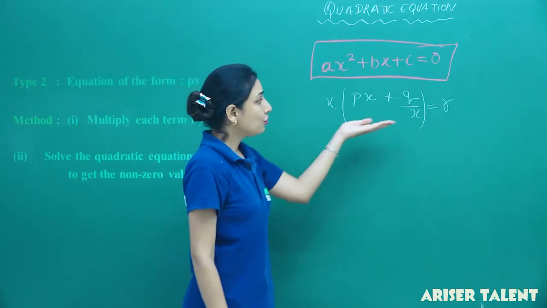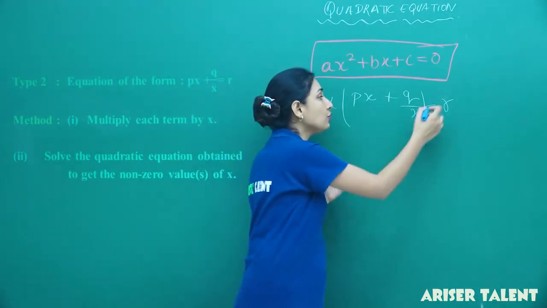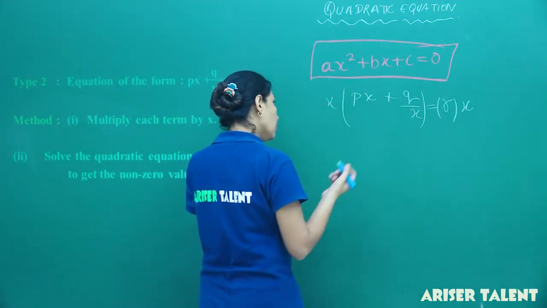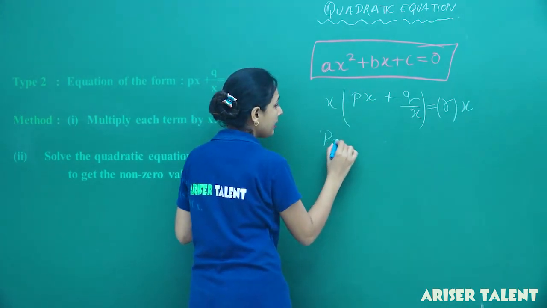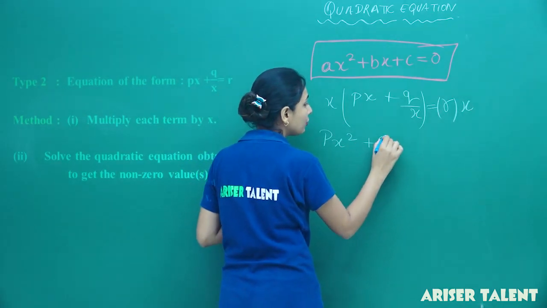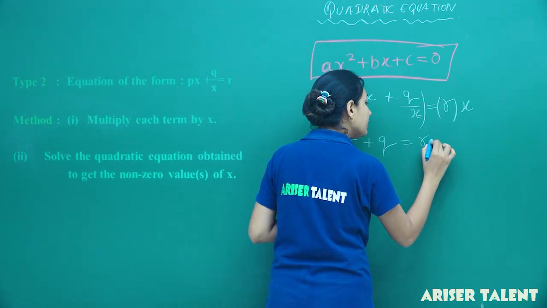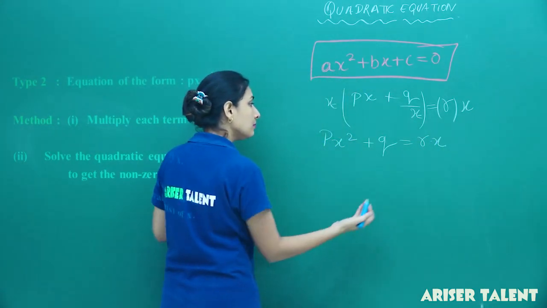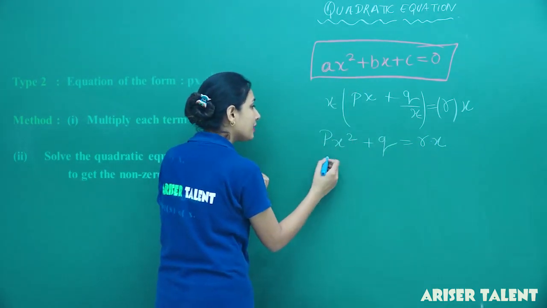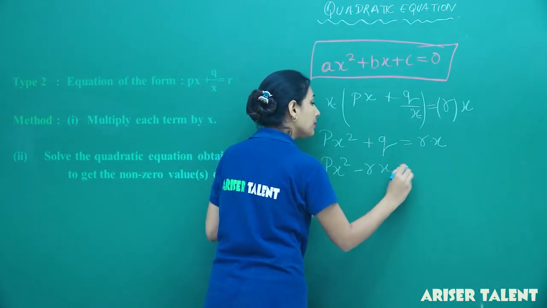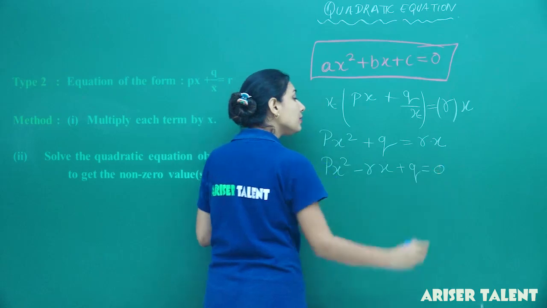So, to equate this, I have to multiply the other side by x also. Alright, students. So, what will it become? Px square plus q, x will be cancelled out here, equals to rx. Now, transpose it here. Px square minus rx plus q equals to 0.